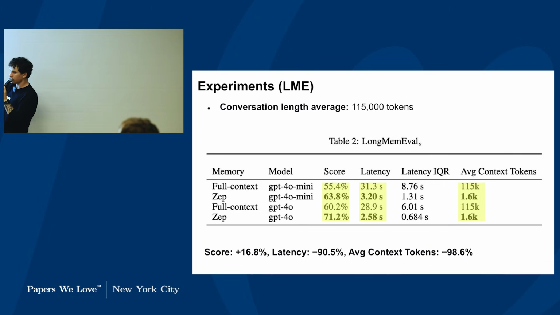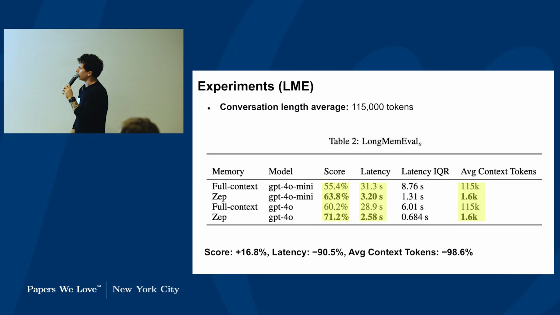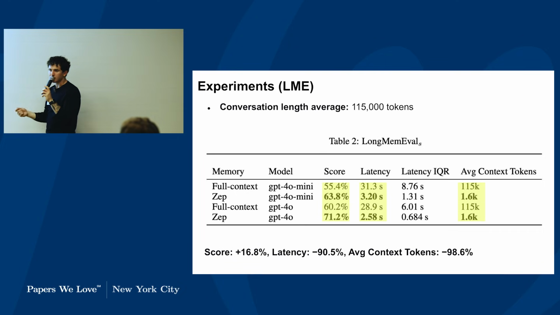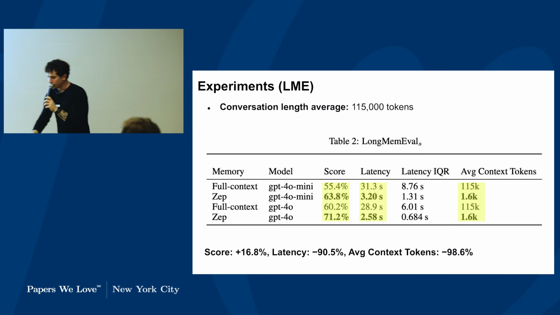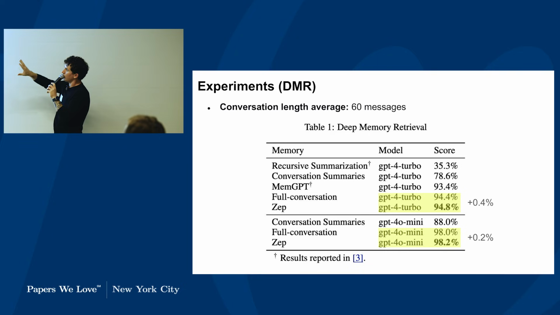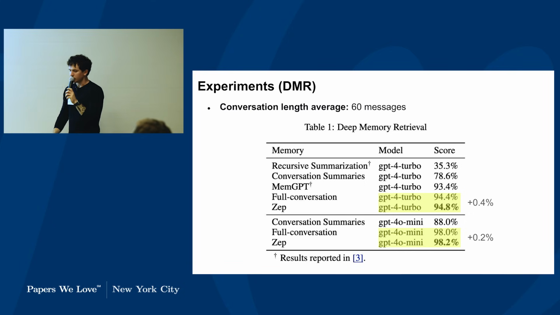But importantly, and this is really the benefit of ZEP, we have a 90% reduction in latency, and we also have a 98% reduction in the number of tokens we use in generating these results. So saving tokens, saving cost, and if your application is sensitive to latency, you've got a lot lower latency. So though these numbers don't look great, what's really going on here is we have the same quality results, but we have much lower latency and lower token costs. Any questions on these 2 slides?